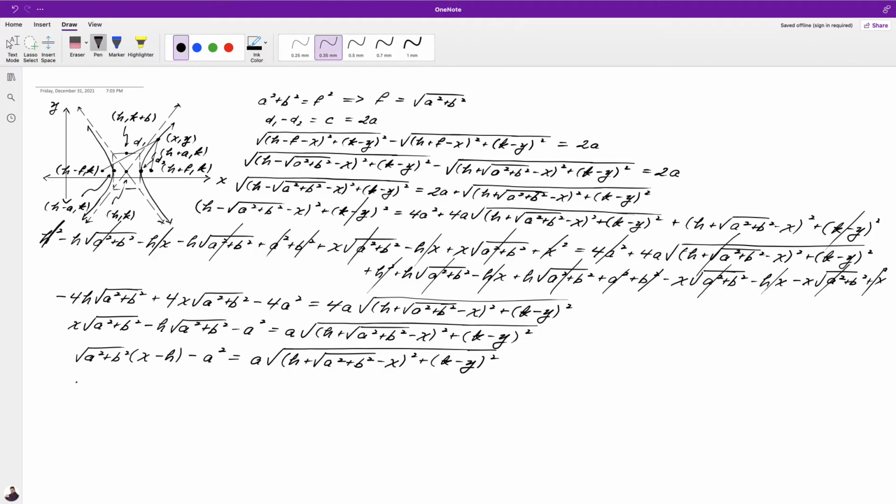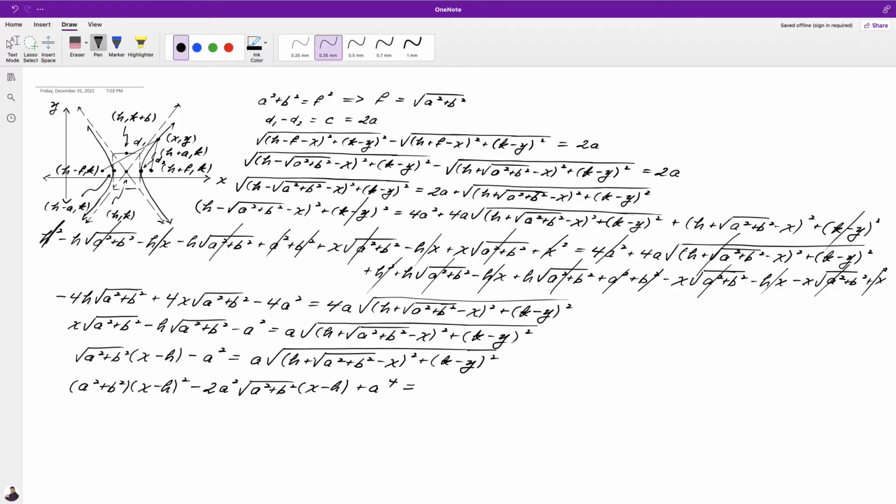Squaring both sides, we're going to get the following. Okay, there's the square of the left-hand side. Let's check that. Outside and inside terms combine to make this, right? Looks good. Let's now go ahead and square the right-hand side.